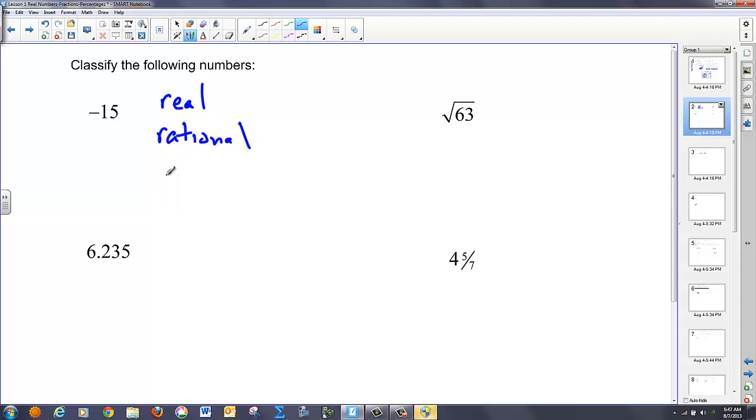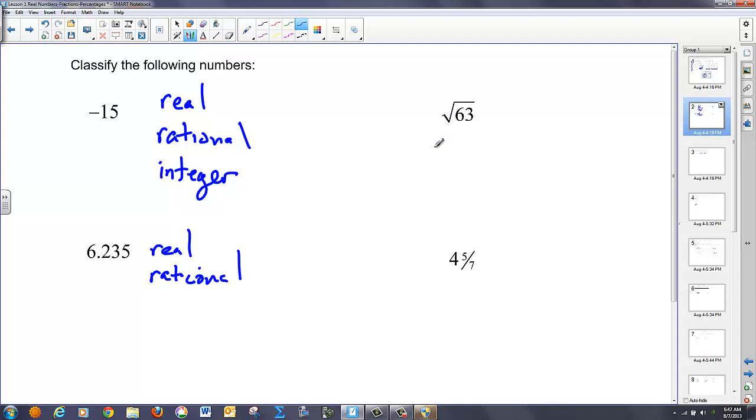And it's also an integer since it's a negative counting number. If we go to 6.235, that's a terminating decimal, once again real. It can be written as a fraction, rational. It's not an integer because it's not a counting number, so that's it.